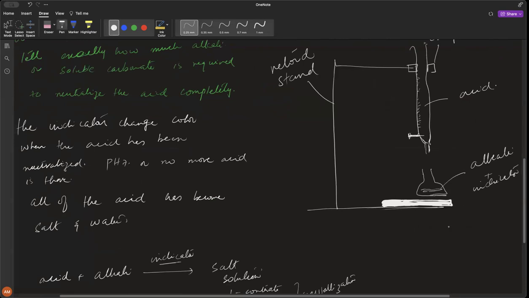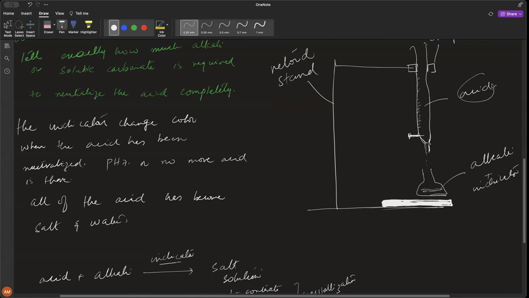Let's say the color is already orange or something. You're going to drip this acid drop by drop and shake, drop by drop and shake, until you see that the change in the indicator has occurred. You will gradually see that the color gets lighter and lighter, because most of the alkali is being gradually converted into salt. You understand?